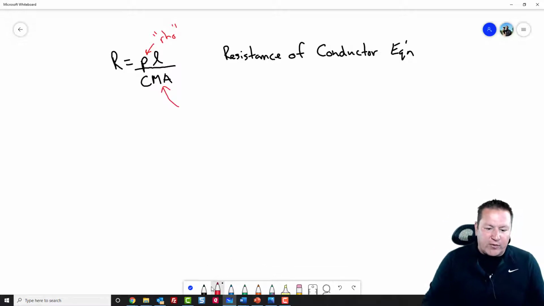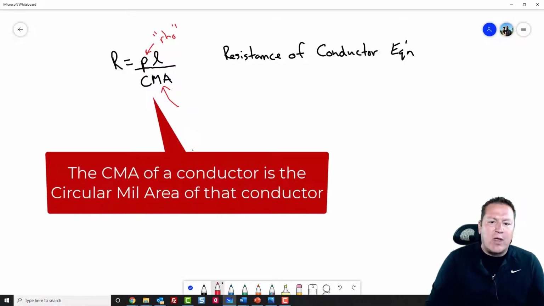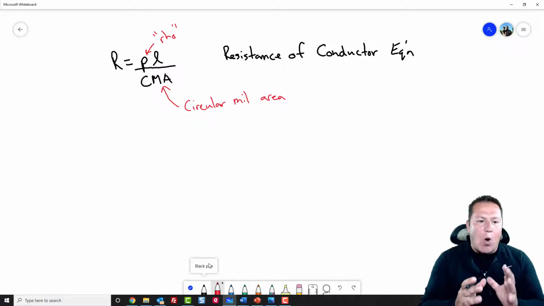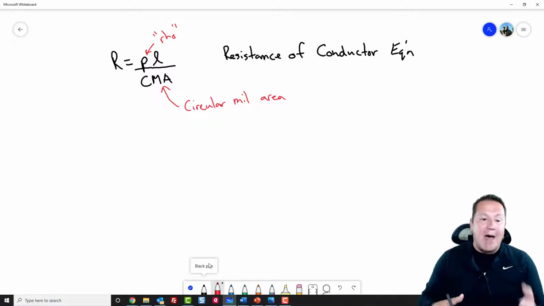Okay, and I have some formal definitions here, so it's very clear what the CMA or circular mill area is. Okay, so this is, let me make a note, this is the circular mill area of the conductor.